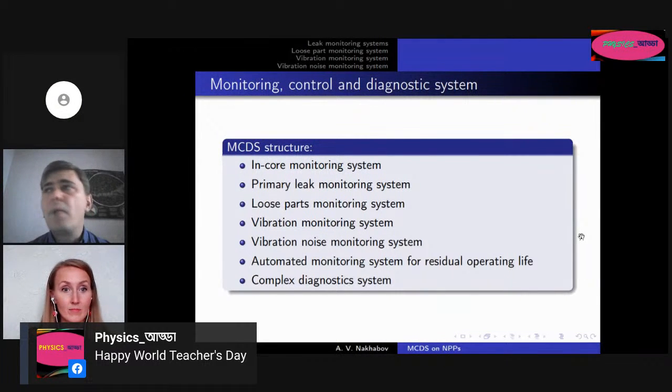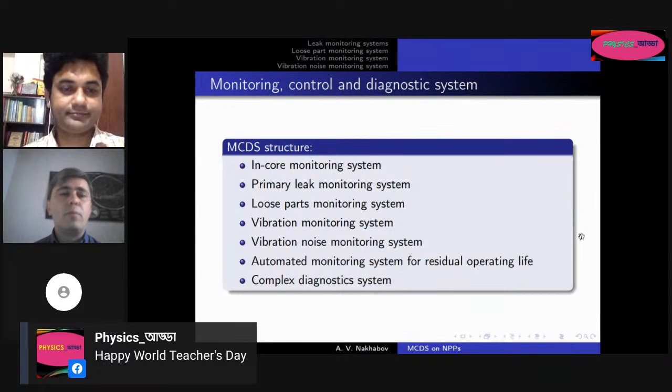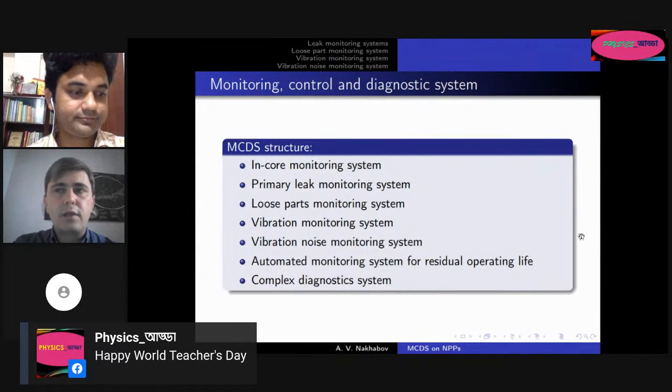Of course, maybe there will be some small defect in a pipeline and we will see some leakages. But as usual, the most dangerous situations will be during operation at nominal power output of the nuclear power plant. So just to prevent possible accidents during operation, there are special systems.